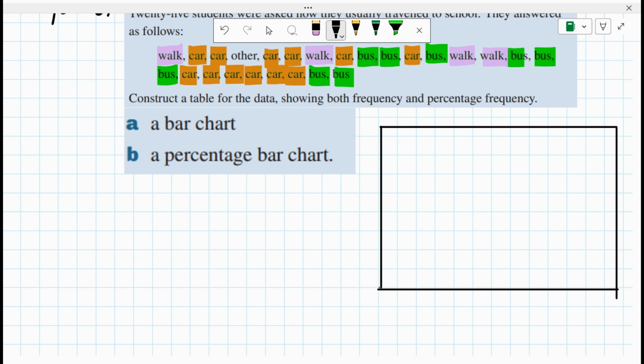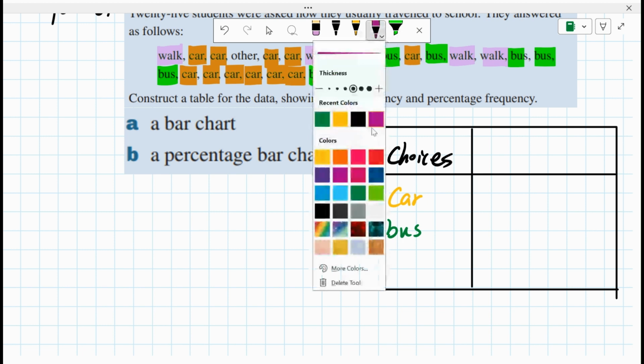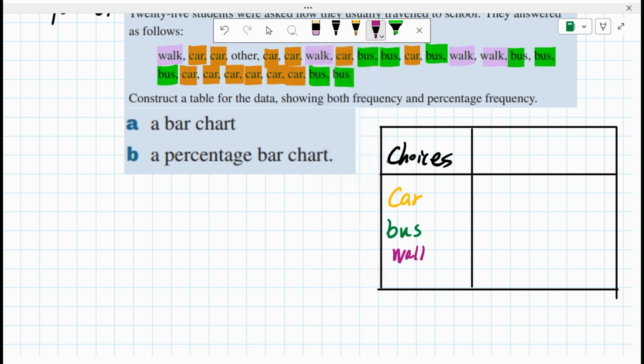So the first thing is the choices. Okay, because car is yellow, I say car, and bus is green, so bus. You don't have to change the color, I mean, if you can't do it, it's okay. So walk is gonna be the purple, and others will be as others.